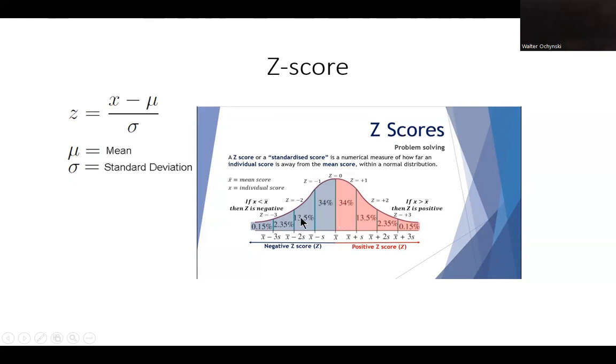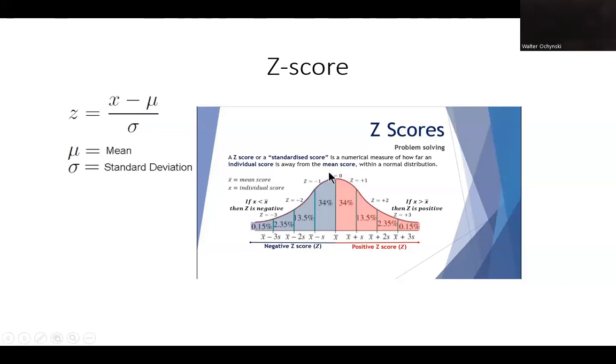If you take two standard deviations, -2 and +2 standard deviations, you have the probability of 95%. And if you go three standard deviations minus and three standard deviations plus, in principle, you have more than 99% of the probability that the event will occur.